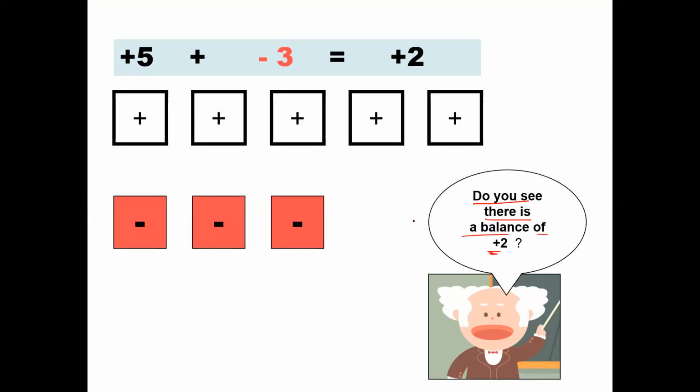Is there a balance of +2? Is it right or wrong? Because you can see the positive number is 5 and the negative number is 3 and the larger number is 5. So the answer will be positive and 5 minus 3 is 2. Okay, what I have told you, rule number 2 says if one number is positive and the other is negative, then you have to subtract.